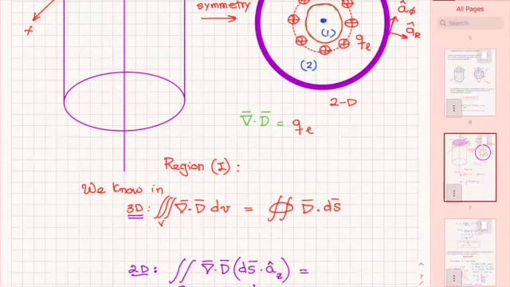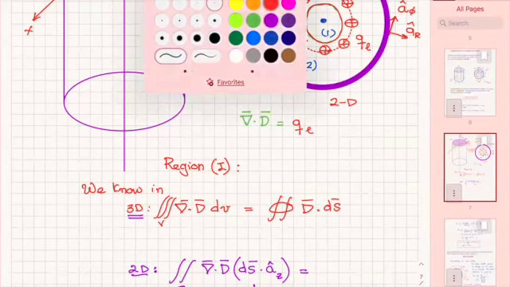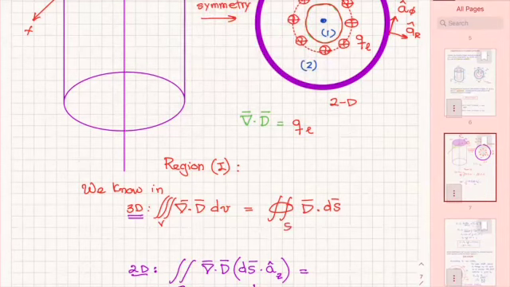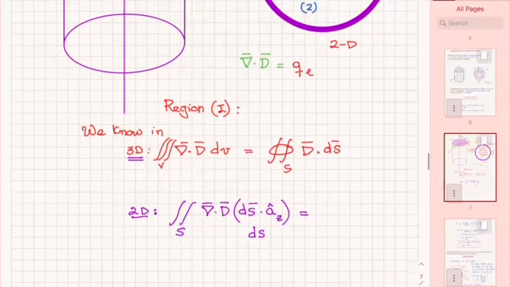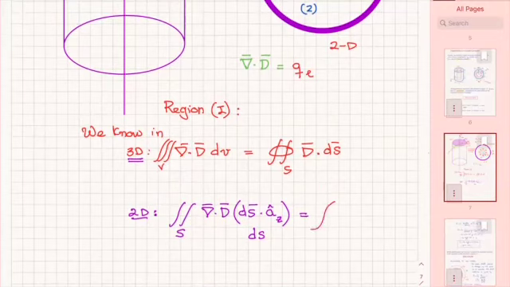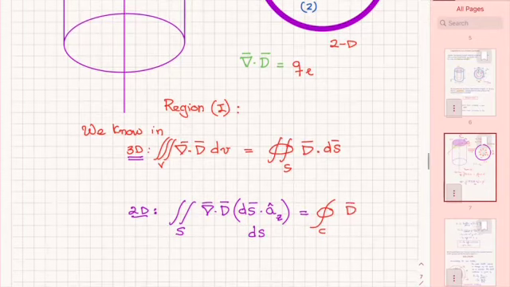Then instead of a closed surface integral, which was for the 3D problem, I will have a line integral. Lines do have a direction, and that's going to be a closed line integral of D, which is not a function of z, but of r and phi, dl.